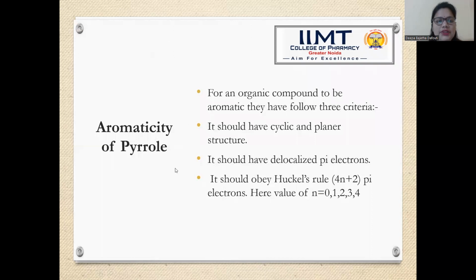What is the aromaticity of pyrrole? For any organic compound to be aromatic, it has to follow three criteria. The first criterion is that it should be cyclic. It should have all atoms lying in the same plane, a planar structure, and being cyclic, it should have delocalized pi-electrons.